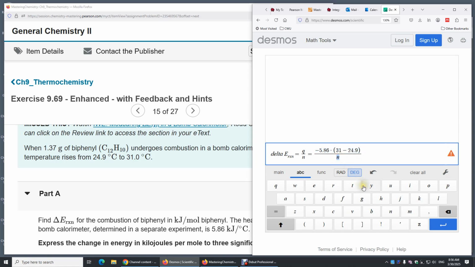Okay, bottom, the number of moles. We have 1.37 grams divided by the molar mass. Carbon is 12, and we have 12 carbon. Hydrogen is 1, so we have 10 hydrogen atoms. So this is the setup.